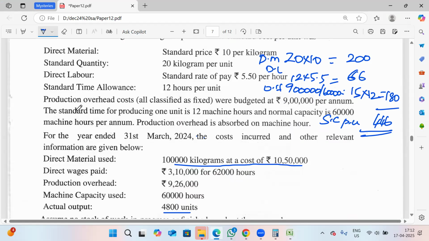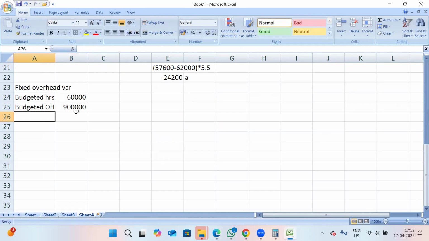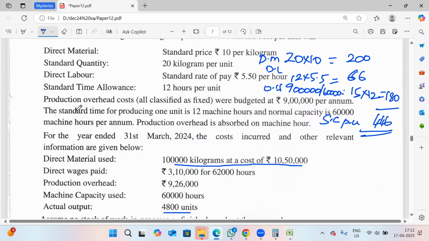Okay, fine. In this particular problem, all the overheads are fixed. So here actual overhead is 9,26,000. Actual hours, how many hours did we use?